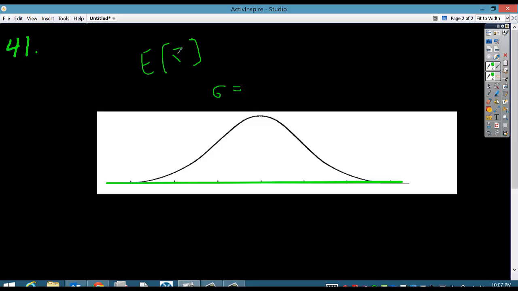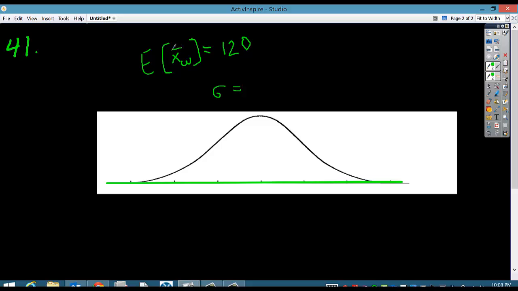That, of course, is going to be 120, because the problem says the IQs of students from West State University can be described by a normal model with mean 120. That means we expect any size sample to have an average of 120.